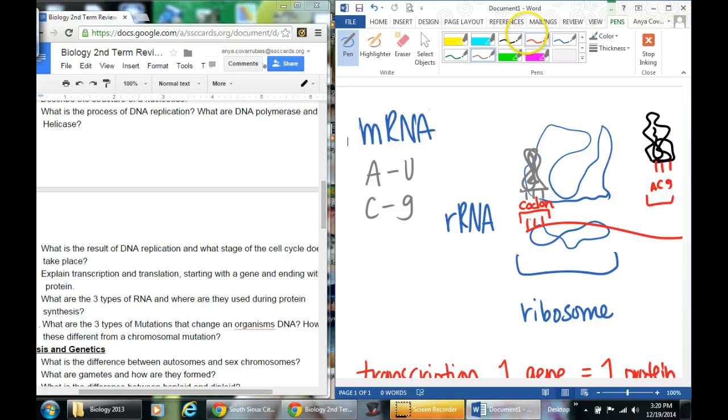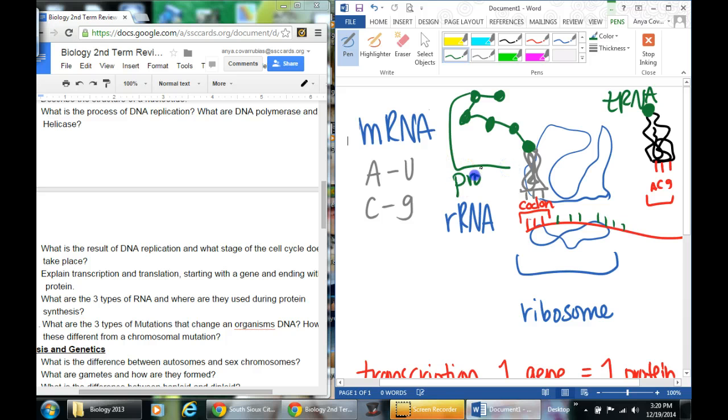And this is really important because what it's carrying is an amino acid. And there's 23 amino acids, all of them have a different one. And as these tRNAs come in and join, they're going to start building this polypeptide chain of amino acids that eventually is going to fold into a protein.